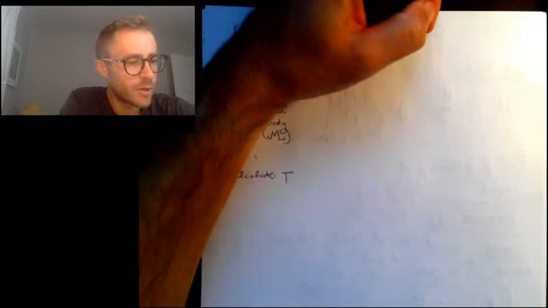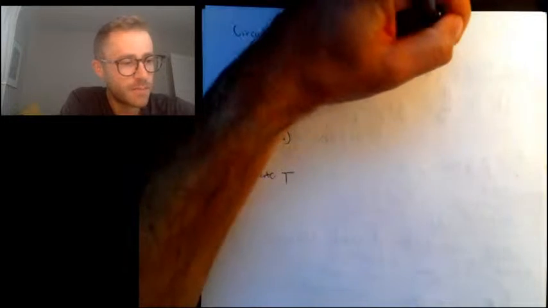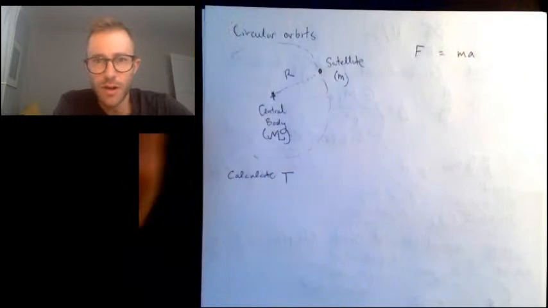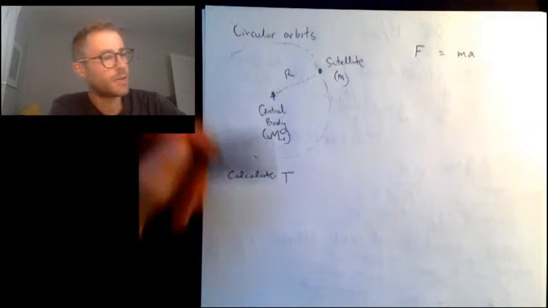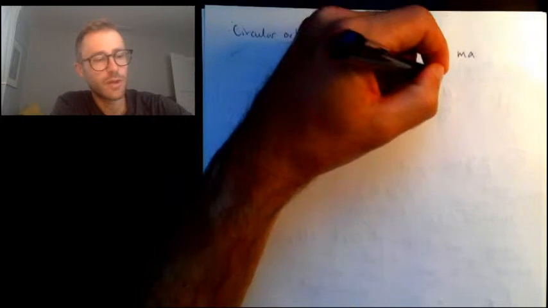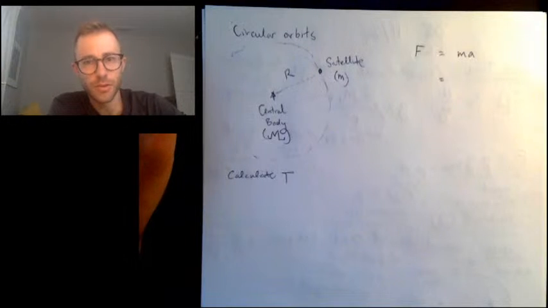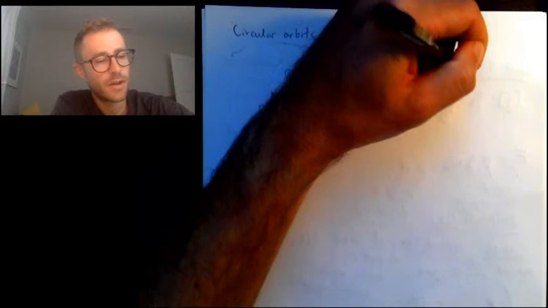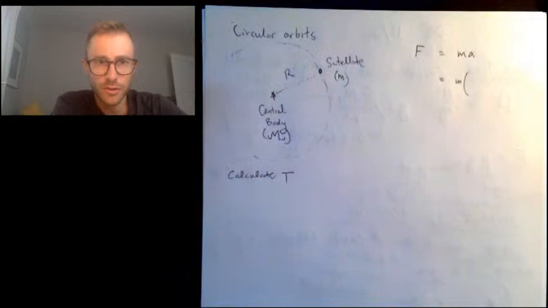Here's what we're going to do. We're going to use F equals ma, Newton's second law, for the satellite. Now, because the satellite is moving in a circle, the acceleration is the centripetal acceleration. So it's m, and I taught you 2 versions of the equation for centripetal acceleration.